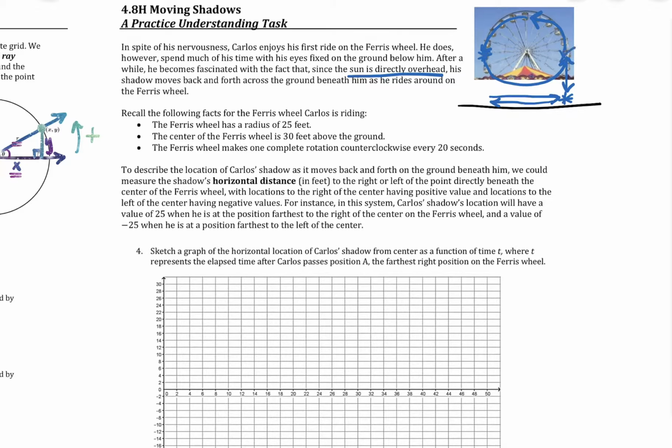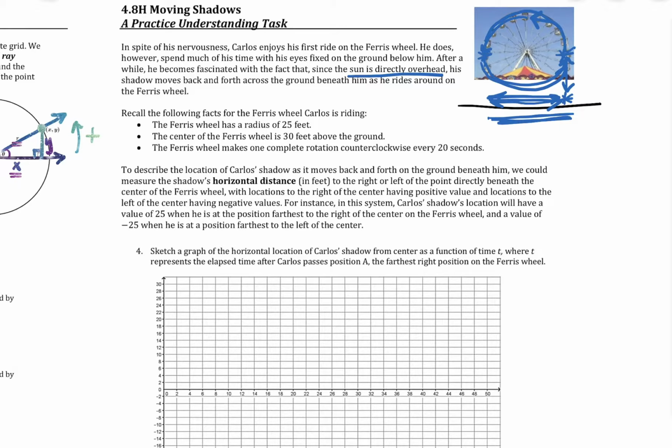And let's make a second trip around the Ferris wheel. He's going to keep rotating. His shadow is going to move back in this direction. Then he's going to keep rotating, and the shadow is going to move back in this direction.